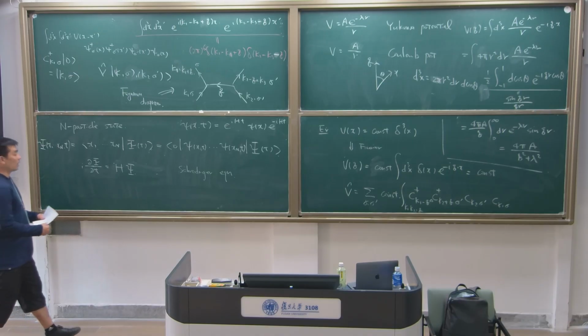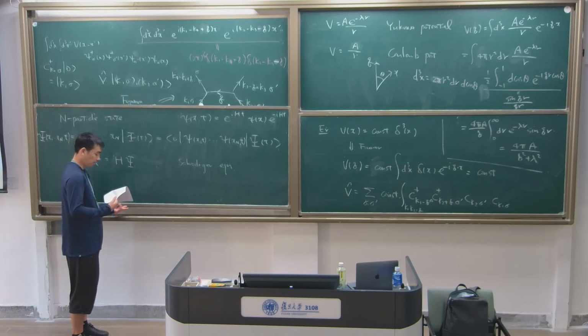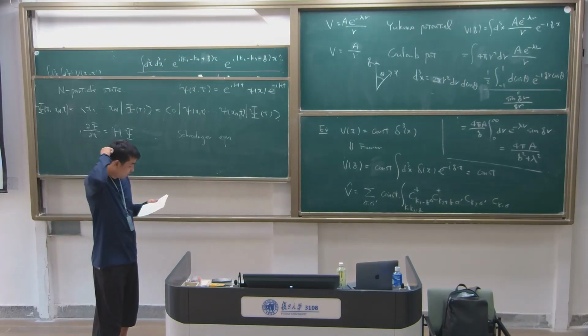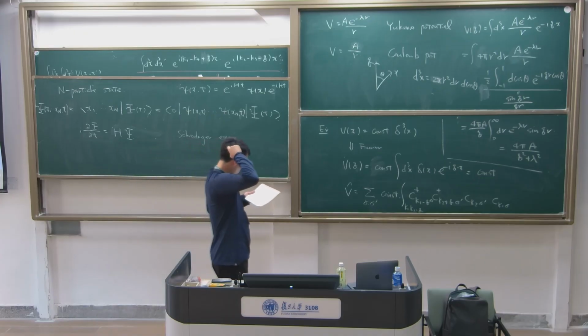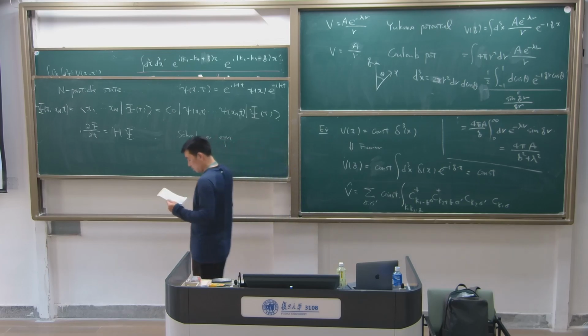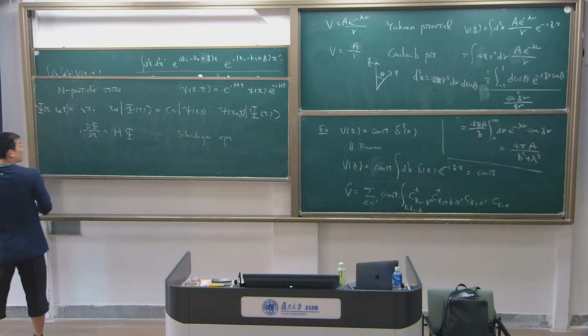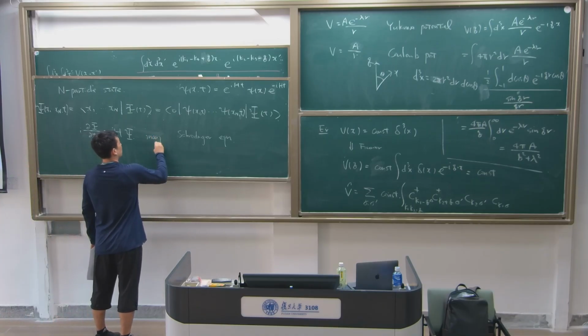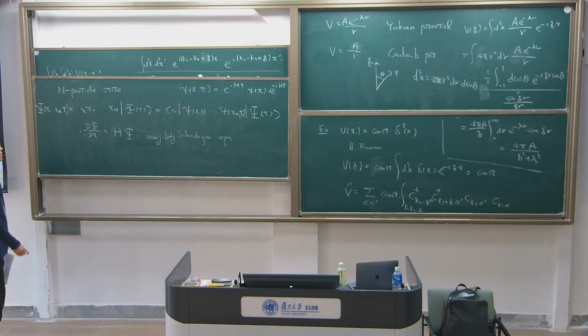This is a many-body Schrodinger equation. Now we try to derive this equation by using the second quantization scheme.